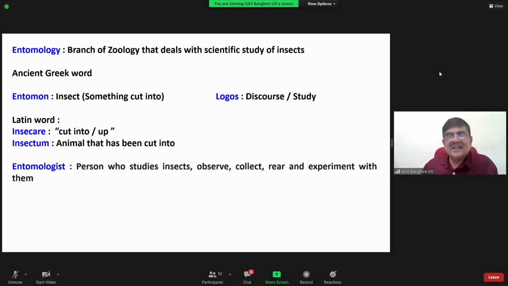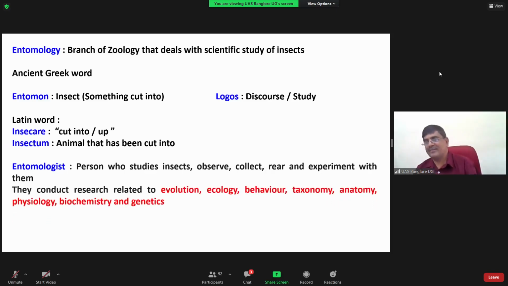Some of the insects he will rear, and finally he will use them for identification purposes. Some of the insects collected by him will be used for experimental purposes. So a person who studies, observes, collects, rears, and experiments with insects is called an entomologist.